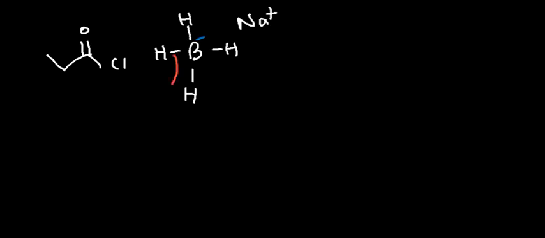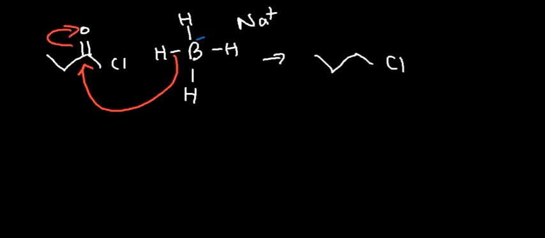So one of the hydride ions attacks the carbonyl carbon, and then this bond is going to break. So we have what is called a tetrahedral intermediate at this point. And here's the hydrogen. Now the chlorine atom is a good leaving group, so what the oxygen is going to do is reform the double bond and expel the leaving group. So what we now have is an aldehyde.